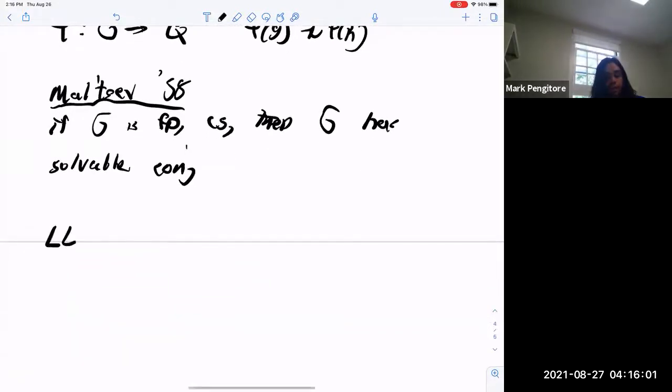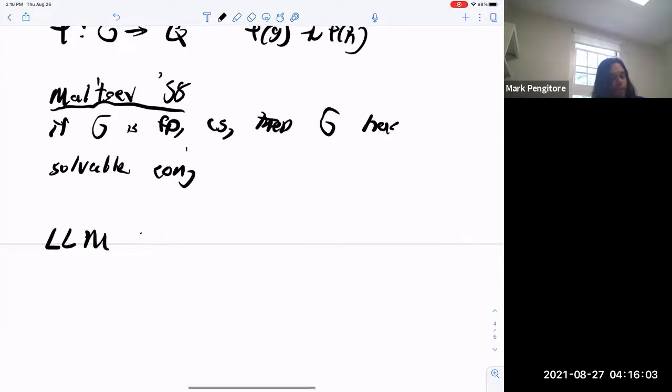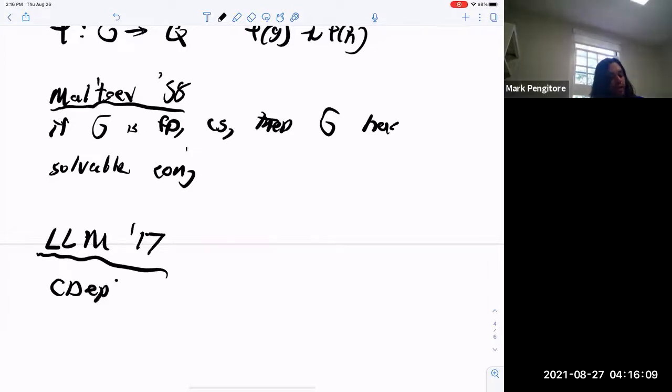So Lawton, Louder, and McReynolds in 2017 are able to actually give a way to quantify residual finiteness.